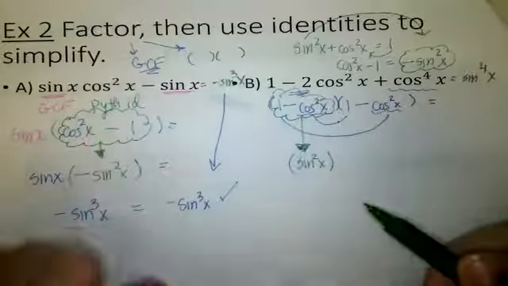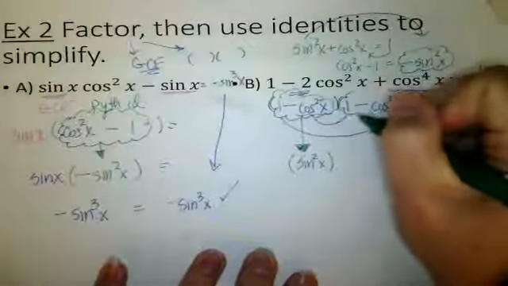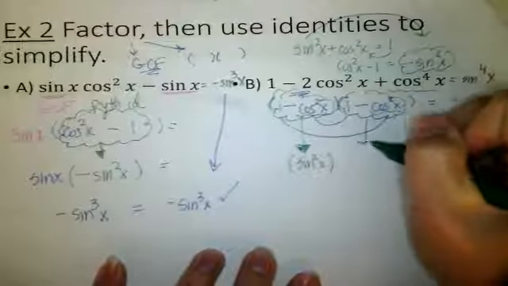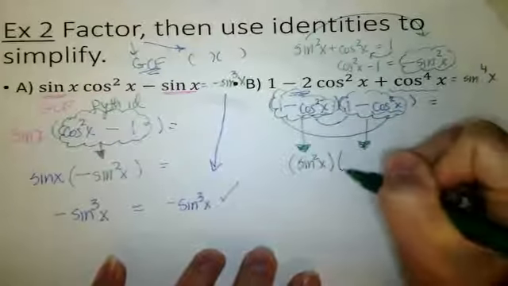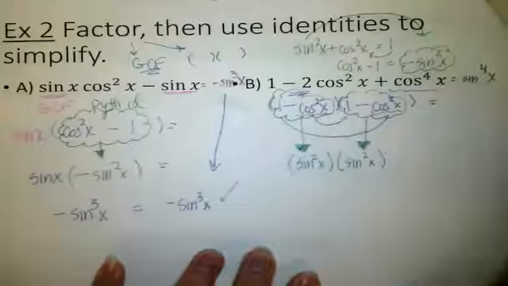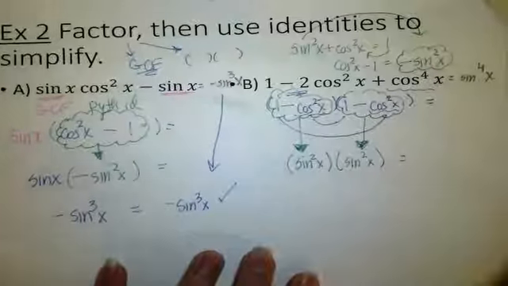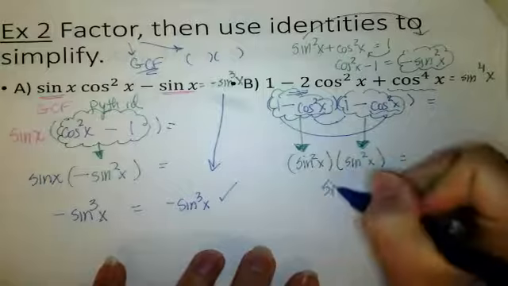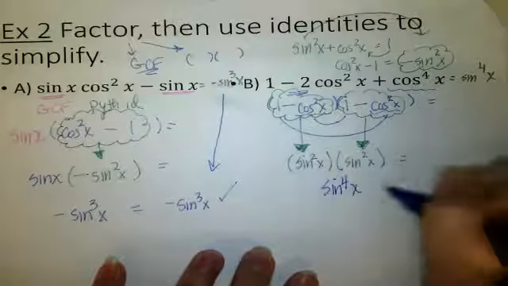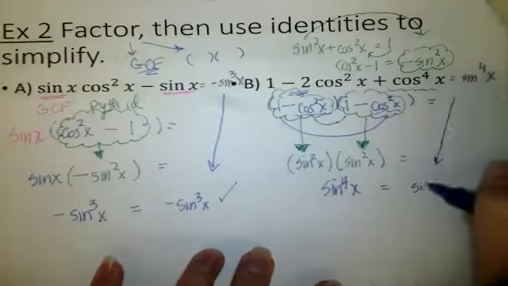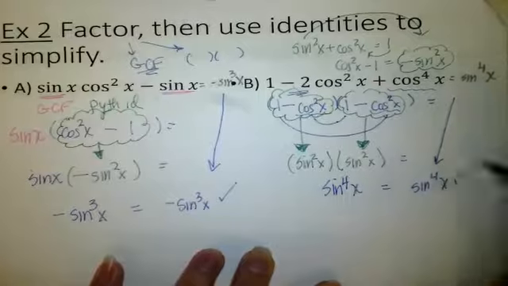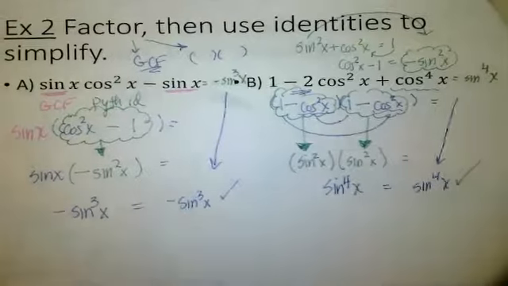All right, same thing. 1 minus cosine squared gets traded in for sine squared of x. What is sine squared times sine squared? Sine to the 4th of x. Sine to the 4th of x equals sine to the 4th of x. Yay! That's what I call proof. That's it.